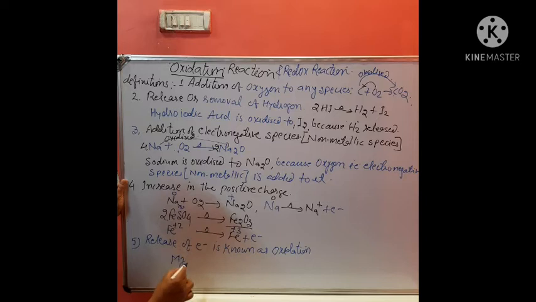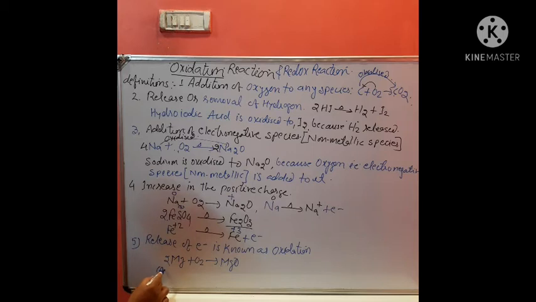Like here, Mg when reacting with O2 forms MgO, isn't it? You can write 2Mg plus O2 gives 2MgO. Actually, this reaction can be written in two parts.